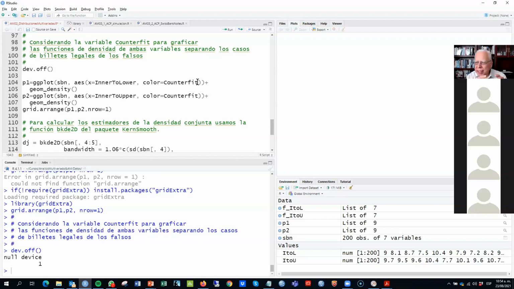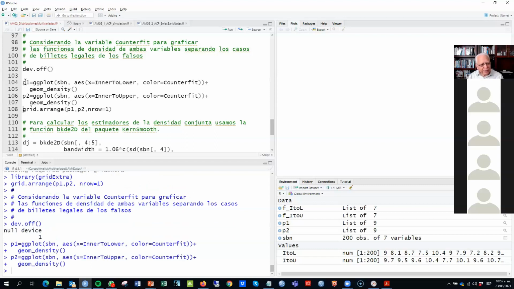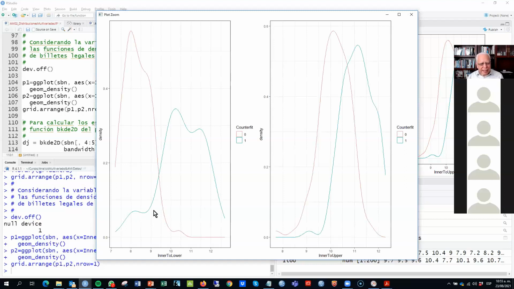So ggplot understands that it has to separate the densities for the values of color. I only have 2 values for counterfeit, 0 or 1. If I had 3 values, it would use 3 different colors. I do the same thing with geom density again, do P2 again, and grid arrange the plots. Now it shows me the different density estimates for the inner to lower and the inner to upper, which are the ones we saw in the presentation.